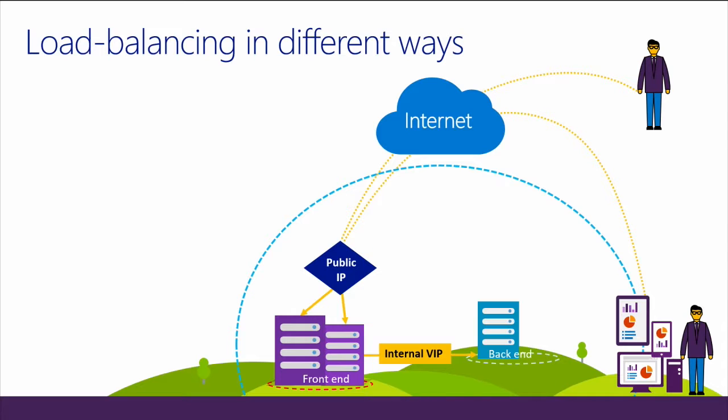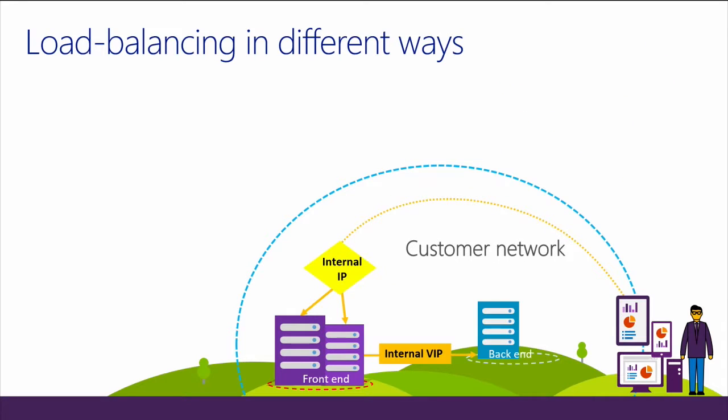However, if the application is primarily being used from an on-premise location, you can configure this using an internal IP address. This internal IP address is available over the SSL point-to-site connectivity and site-to-site connectivity that we mentioned earlier, that allows you to only allow connections in from those secured locations such that you're not exposing your workload to the public internet, but connecting over the various hybrid options that we have available.